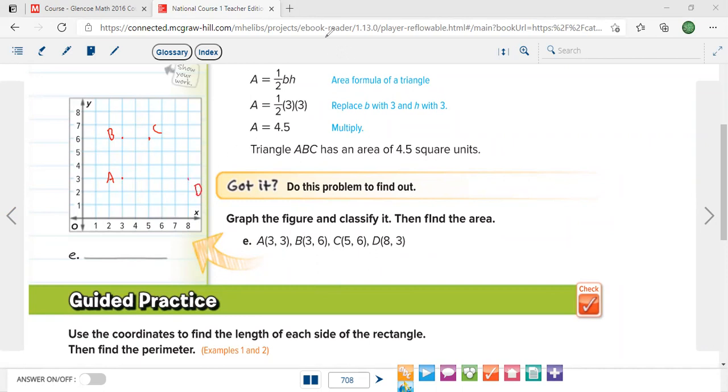Very clear that this is a trapezoid with base 1 2 units, height 3 units, base 2 5 units, as you can see 1, 2, 3, 4, 5. So your answer is, it is a trapezoid.